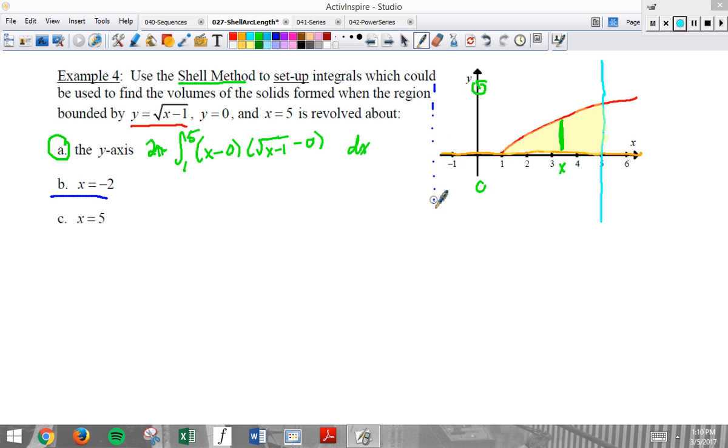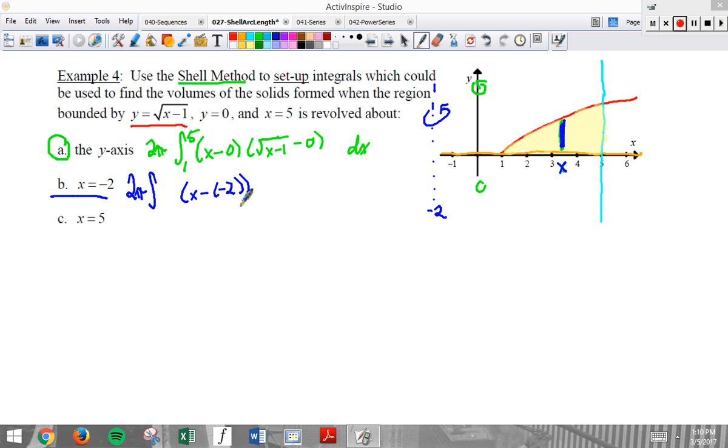In blue, x equals negative 2 is somewhere over here. I know many of you know exactly where it is, but I can't really draw it that well. Still 2 pi. If we're rotating around here, we're still using shells. My rectangle will still be located at x. Where's the axis located? Negative 2.